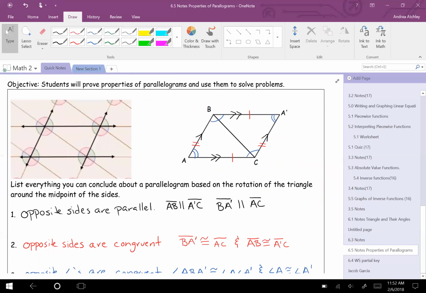So in our figures, you're only showing one diagonal, but if we connect A to A prime, we get our other diagonal. And I'm going to label this point P right here, just in the middle. So that would be, this part is congruent to this part. And this segment is congruent to this segment.